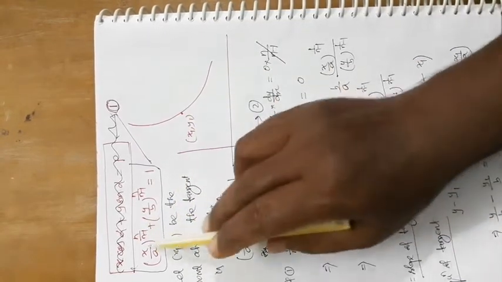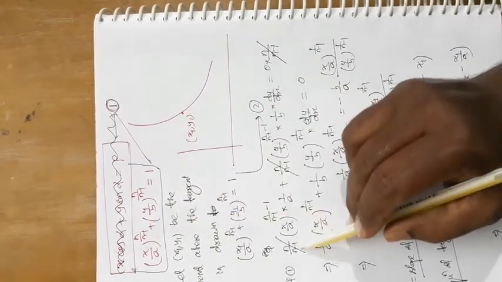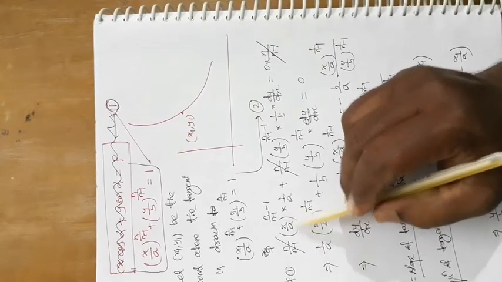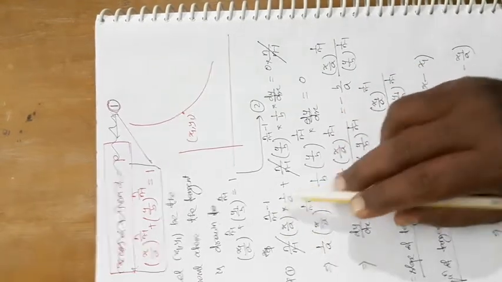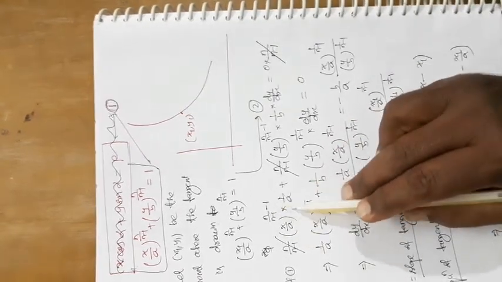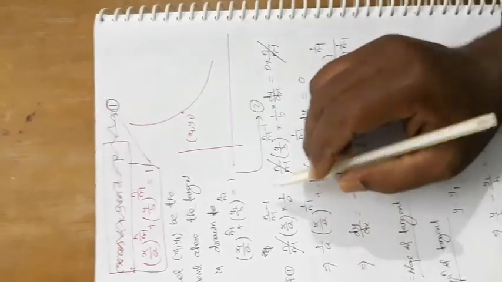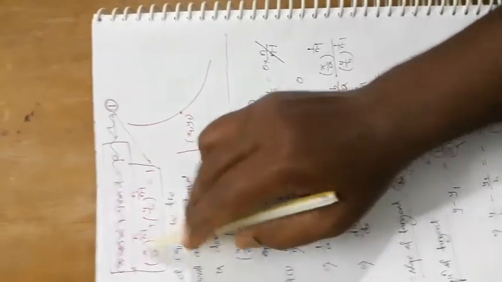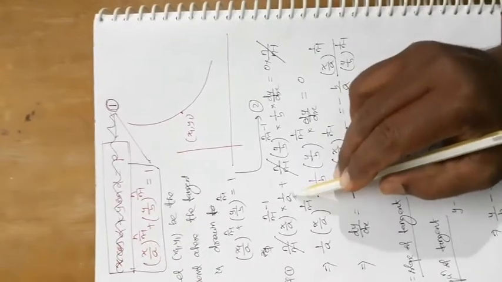So when we differentiate, it becomes n by n minus 1 (x by a) whole to the power n by n minus 1 minus 1, into, mind it, many students make this mistake, the derivative of x by a, that is 1 by a.